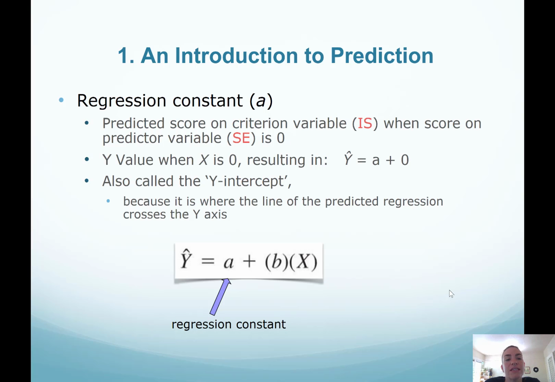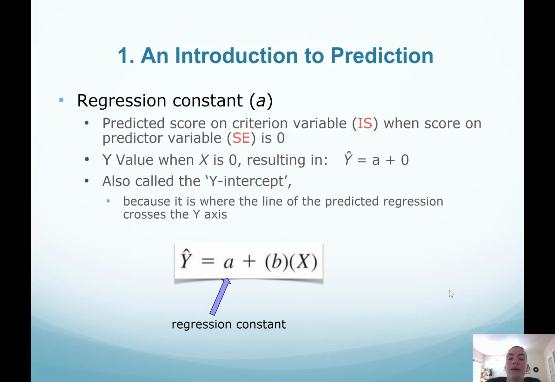So in other words, this is the y value when x is at 0. And that should make mathematical sense to you. If you look at the equation for a second, you'll see that if x is 0 in this formula, then all we're left with is y equals a plus b times 0, or y equals a. So y will just be equal to a if x is 0.